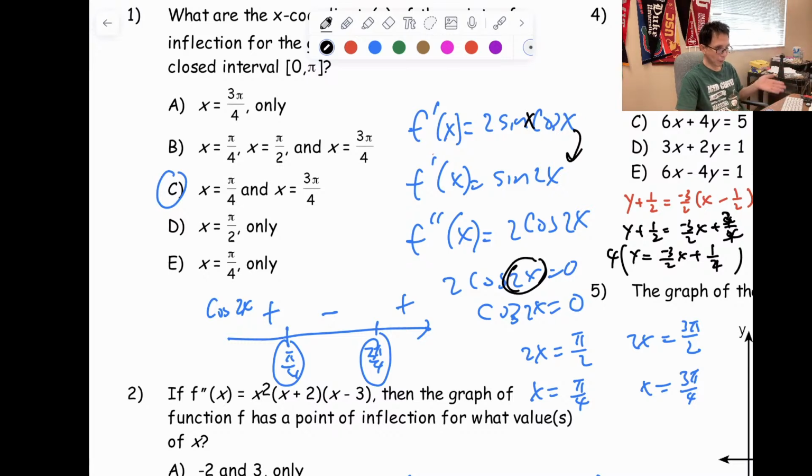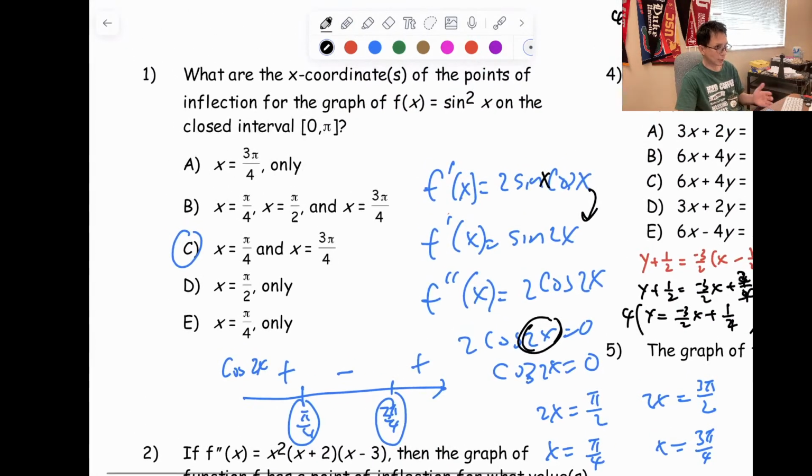So for me, I would rather be safe if I can. If I cannot do it, then I'll plug in 0 and pi, and it probably wouldn't work because cosine of 0 is 1 and still positive, right? So it is fine in this case, but is that all the time? No. When you have no option, then that's plan B. I don't know, did that answer your question? Yes.